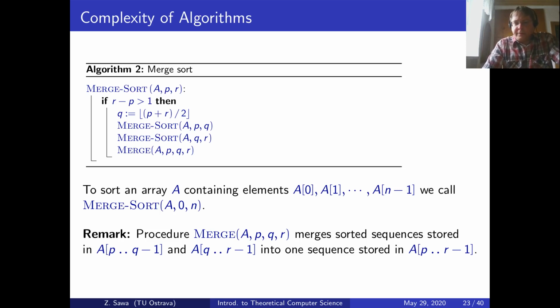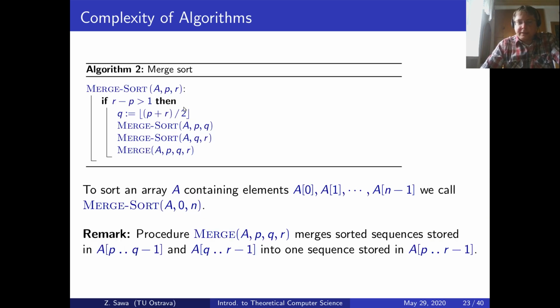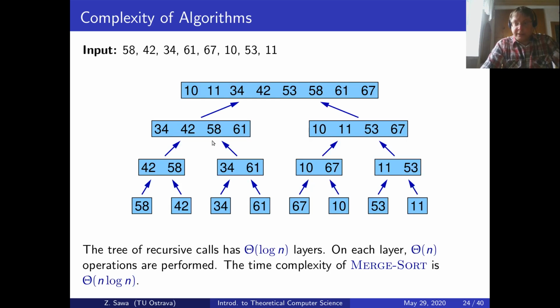So now if we would like to analyze its time complexity, we can imagine that this recursive procedure divided the original problem into sub-problems, and these again were recursively divided into sub-problems, and so on.